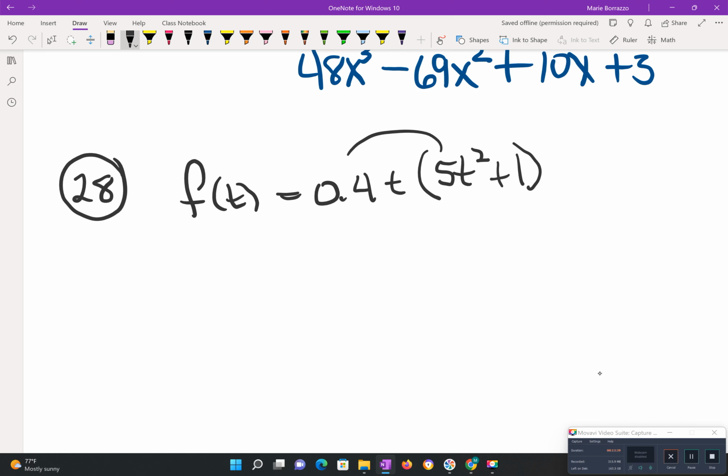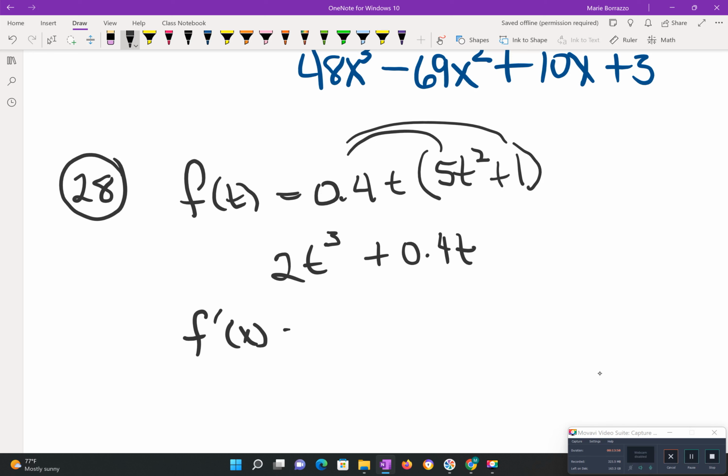And if we distribute, we get 2t to the third power plus 0.4t. And now we take the first derivative. So our first derivative results in 6t squared plus 0.4. And I believe that is our answer.